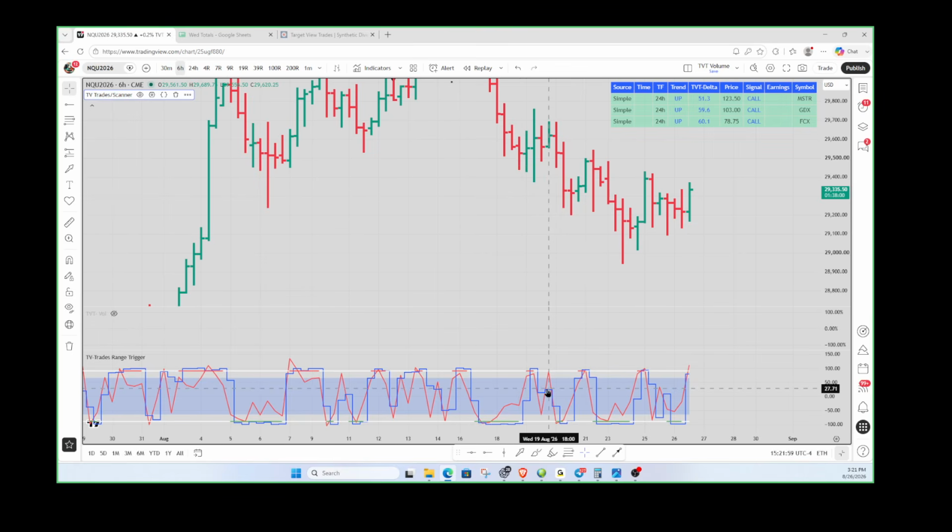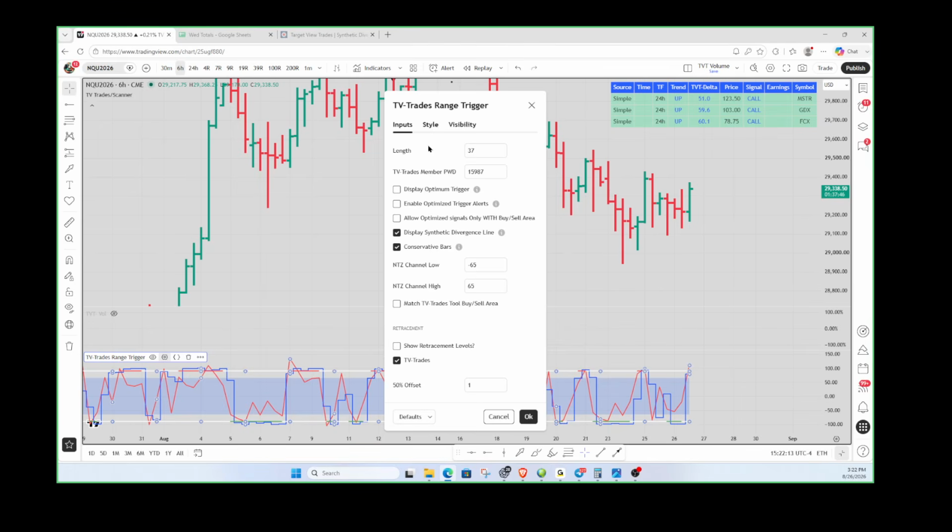This would satisfy the simple. It would say sell the open. Or this right here would say buy puts. So you buy puts and the next day it goes down. That's the simple calculation.